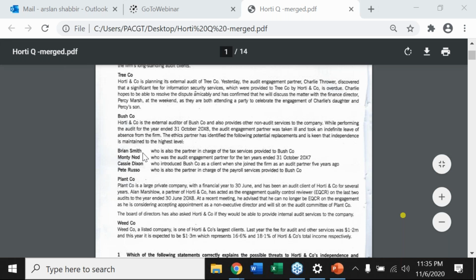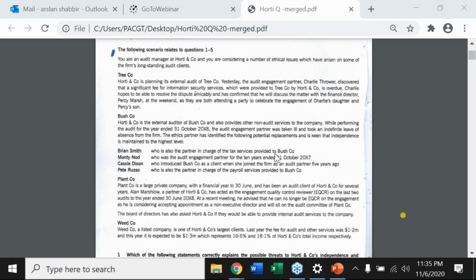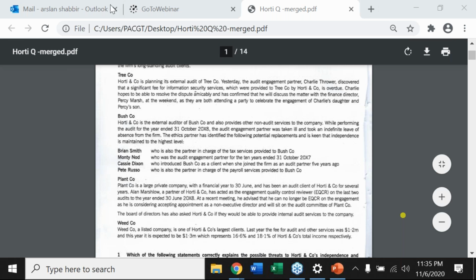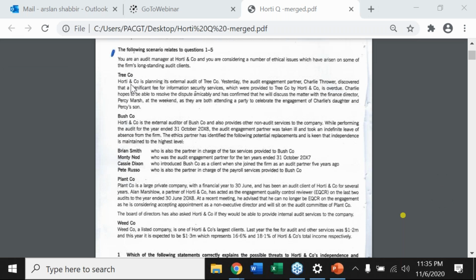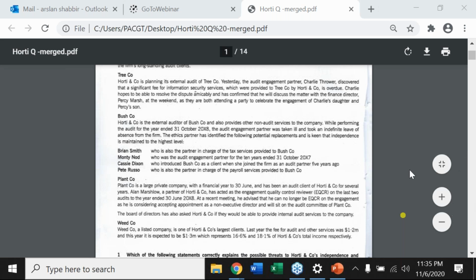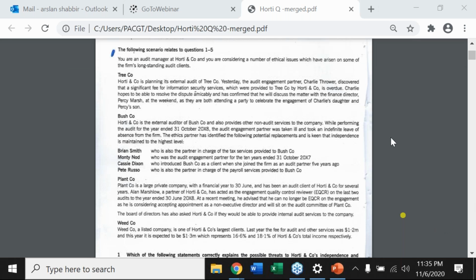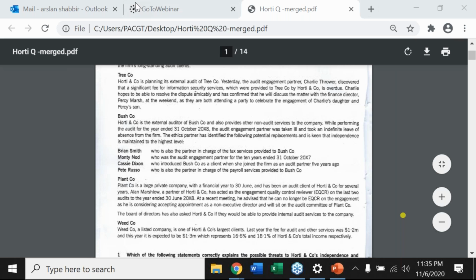First, Brian Smith, who is also the partner in charge of the tax services provided to Bush Company. Is he independent? No, because they are providing other services.